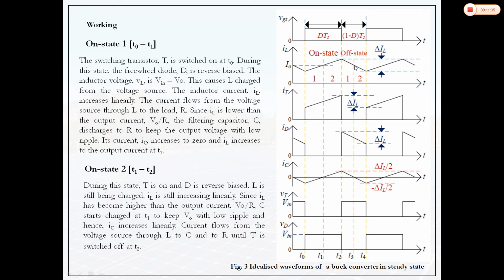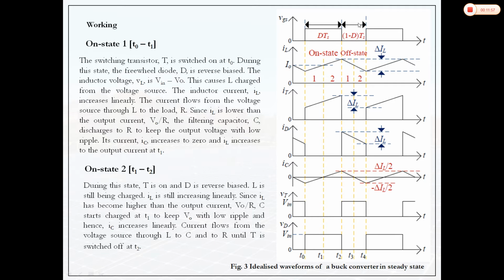After that, IL becomes less than IO, so the capacitor will again get discharged, because IO is taking a fixed amount of current. If IL is less than that value, the capacitor will supply the remaining current. So the capacitor is getting charged and discharged twice in one time period.